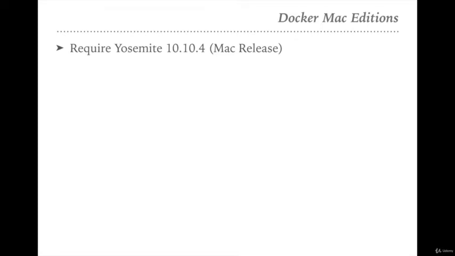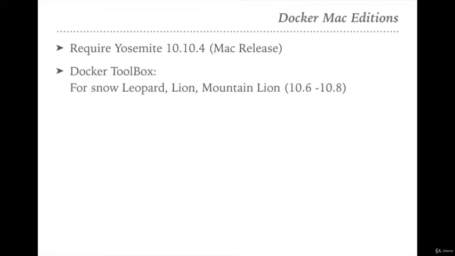But if your Mac machine is older, 8 to 10 years old, and has a version lower than 10.10.4, then you need to install Docker Toolbox on your machine. Docker Toolbox supports Snow Leopard, Lion and Mountain Lion, right? Snow Leopard, Lion and Mountain Lion are the macOS versions which lie between 10.6 and 10.8.